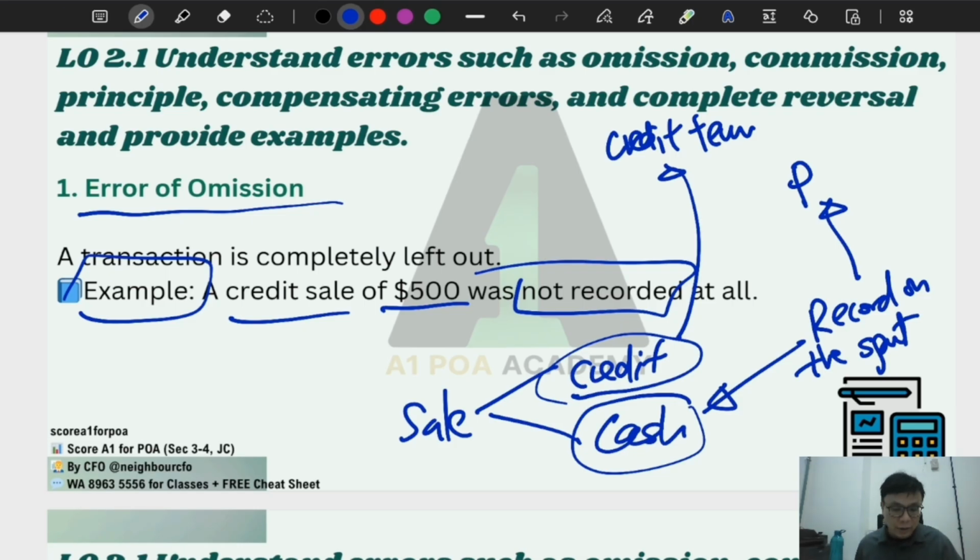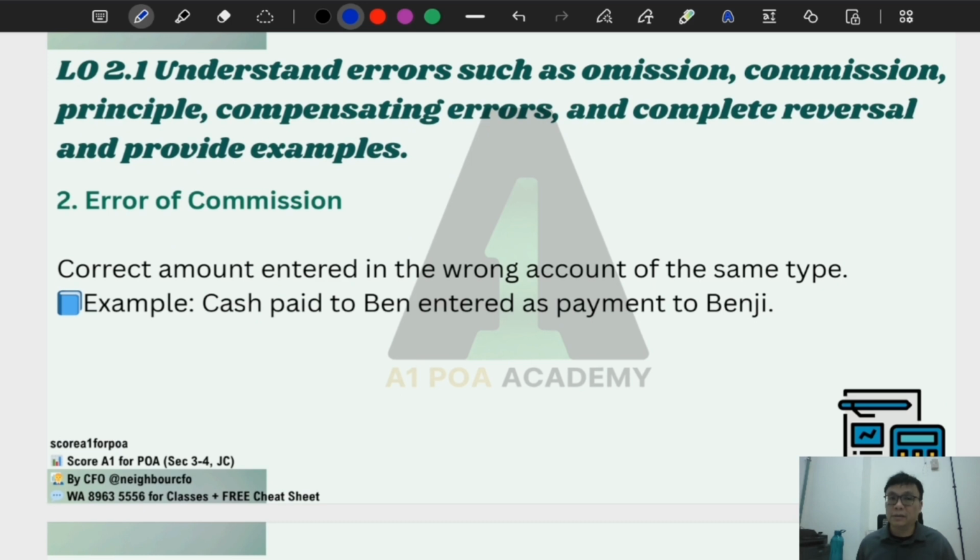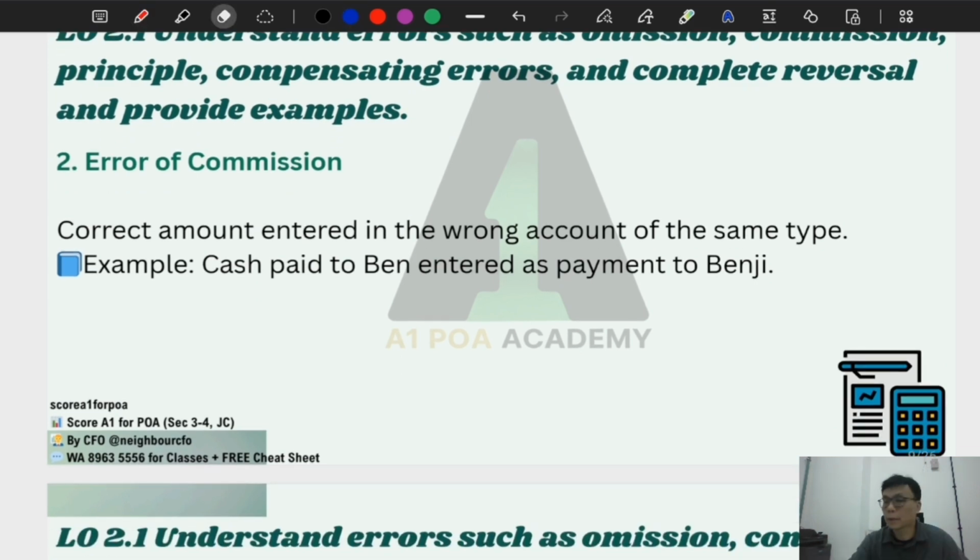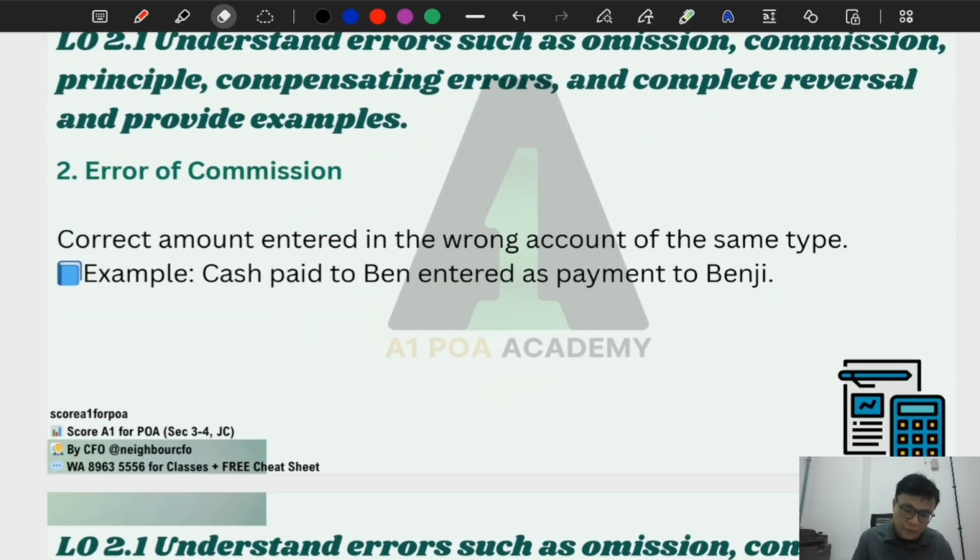With that, let us now take a look at the next type of error. For error of commission, the correct amount is entered in the wrong account of the same type. So let's say, for example, we have 2 suppliers.